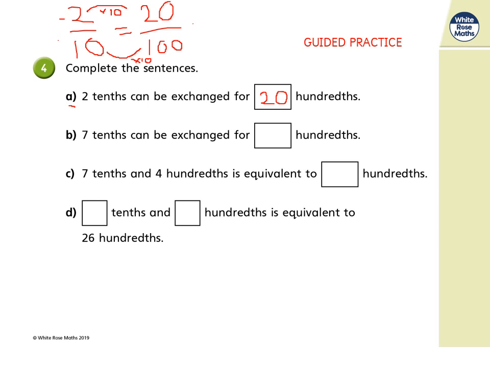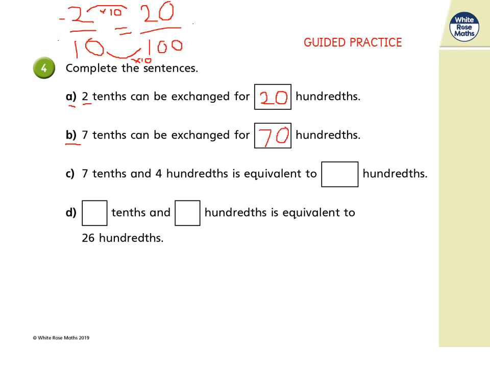Or here, if I have 2 10p's, which will give me 20p, I could still exchange that for 20 pennies. Okay, so what do you think B could be then? 7 tenths can be exchanged for how many hundredths? I'm hoping you're thinking 70.